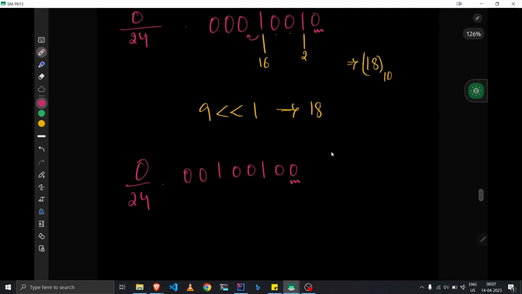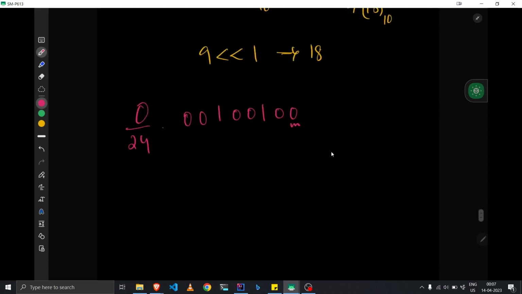Here it is this one, above it was this one. So now replacing the values, ignoring the zeros, this will be 8, ignoring this will be 32.